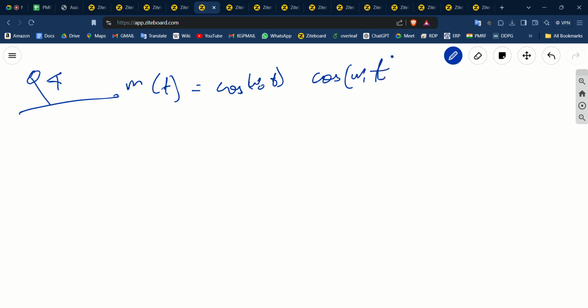Now you can do it in two ways. One is simply using the Hilbert transformation integration formula, putting this value and doing the transformation. Or what you can see is that for sinusoids, Hilbert transformation is nothing but a phase shift by pi by 2.